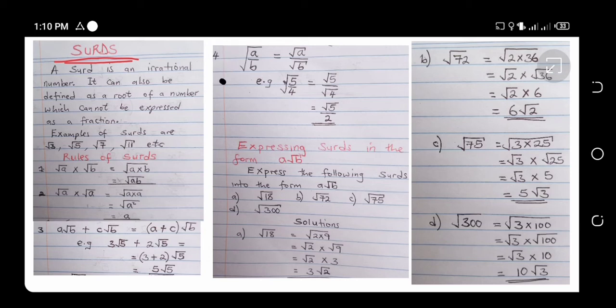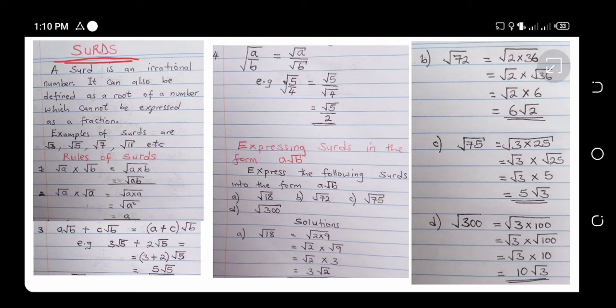Let us come to the fourth rule. We have a single root of a divided by b. This root is affecting both the numerator, which is a, and the denominator, which is b.